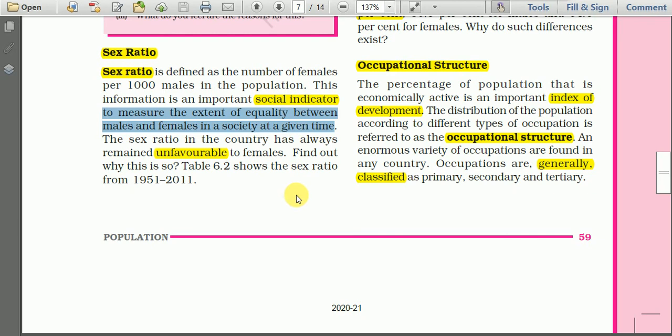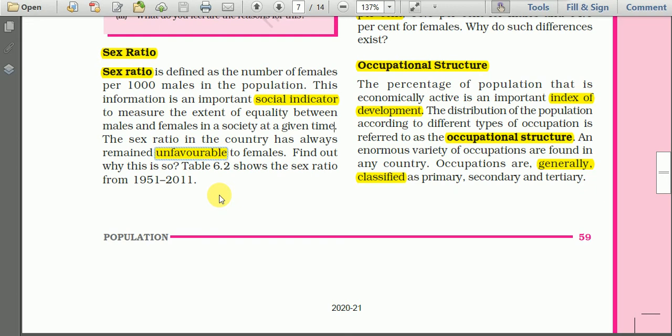And the sex ratio in India has always remained unfavorable to females. That means we have two types of sex ratio. One is the favorable one, which we call positive or favorable sex ratio. The other is negative or unfavorable sex ratio. Unfavorable sex ratio means we have fewer females per 1,000 males.